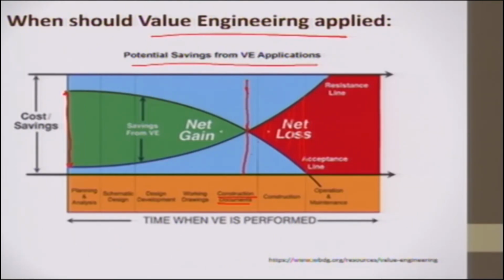Obviously value engineering would never be applied at this point, do not apply VE. But here we can choose between these two, planning and analysis, the systematic design, design development. Some savings for value engineering would be there, cost savings would be there.